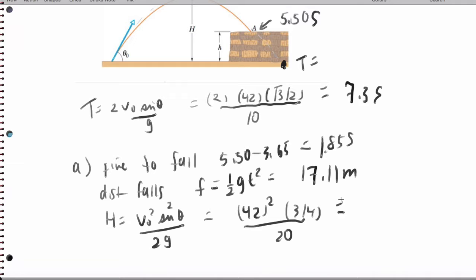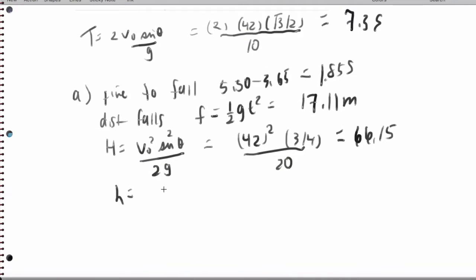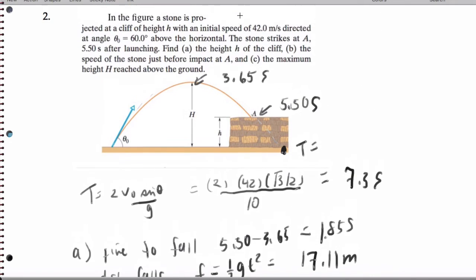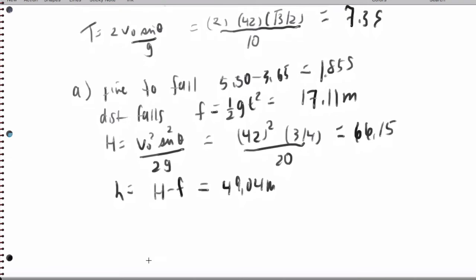That's 66.15. That's the total height. So little h is going to end up being the total height minus the amount we fall, which is 49.04 meters. So that's part A.